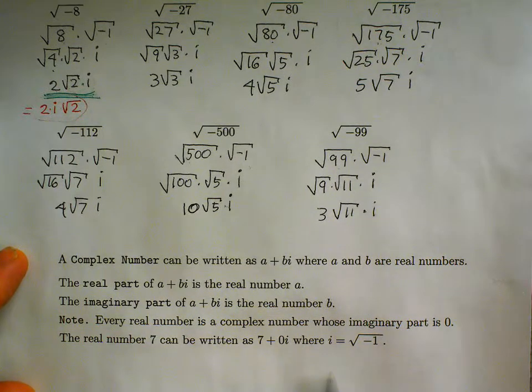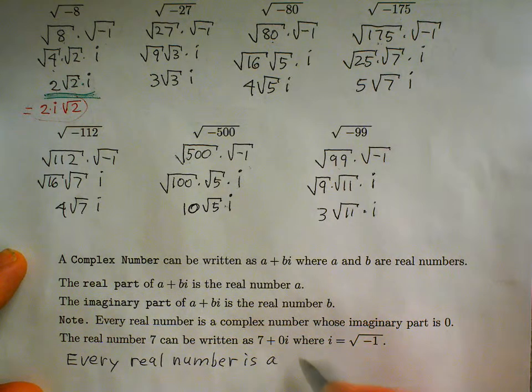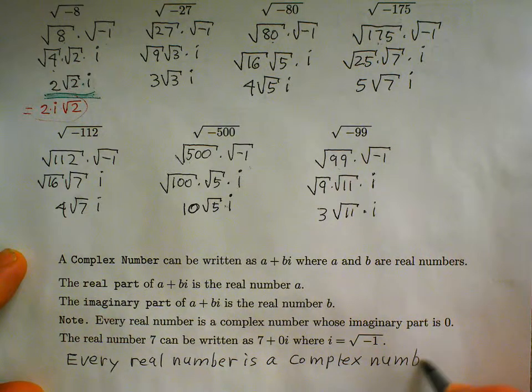So the thing to remember that will be useful if you take college algebra is that, I'm just reiterating what was stated above, every real number is a complex number but not every complex number is a real number.